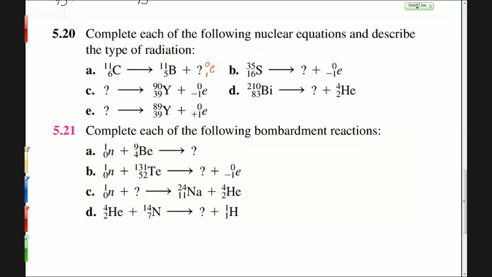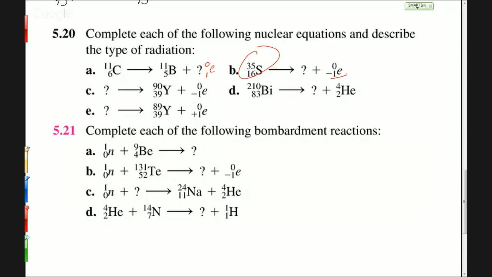All right. So we can see some of these. Another one I want to look at, just because it's a common mistake, is the next one, B. What kind of emission is this? Yeah, this is a beta emission, because we see the beta particle here, the electron coming out. The one common mistake I see there is not dealing with that -1 properly.